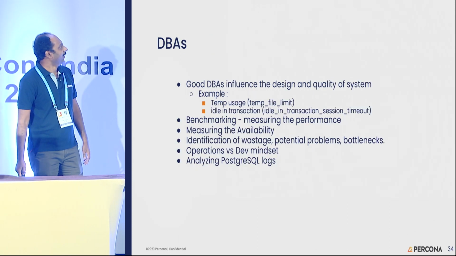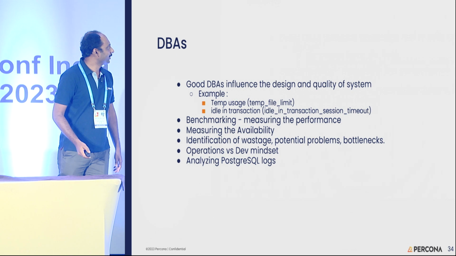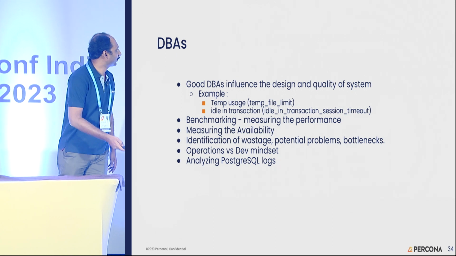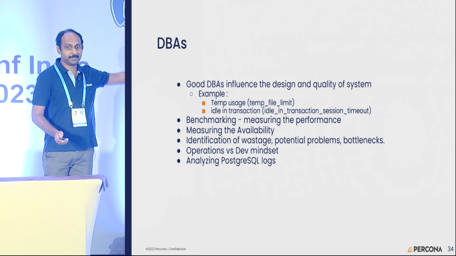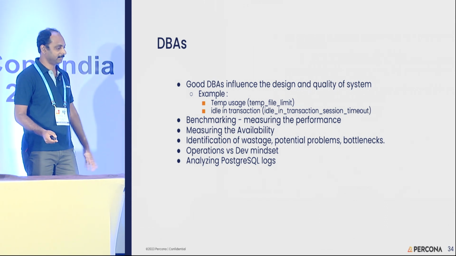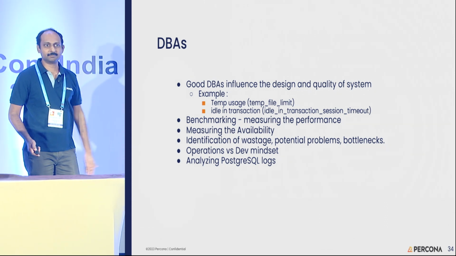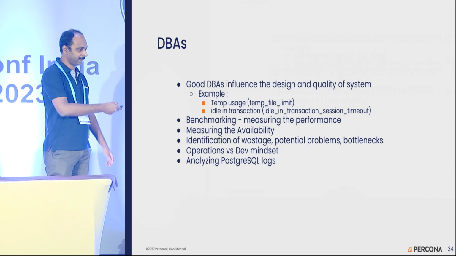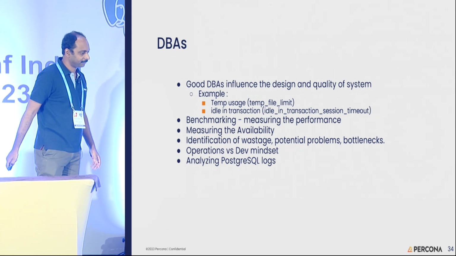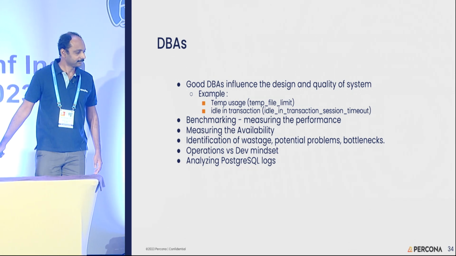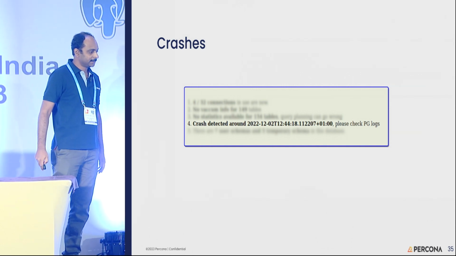Okay, and for DBAs there are a lot of things. I think we are running out of time. Good DBAs should influence the design. We identify the mistakes and escalate to the application team for fixing. Moving on.